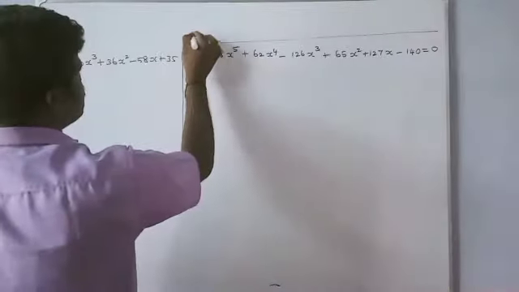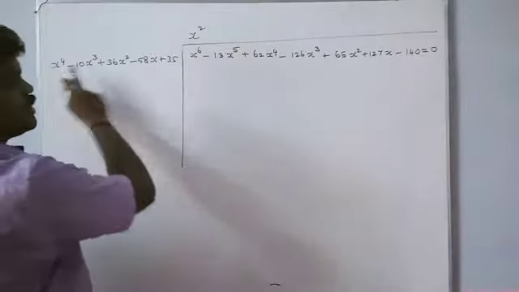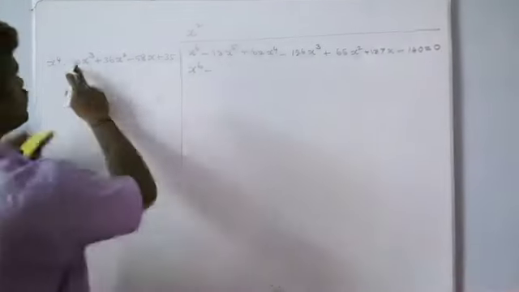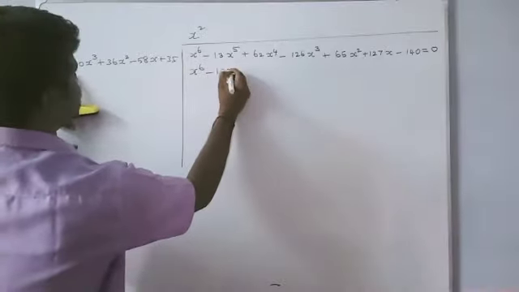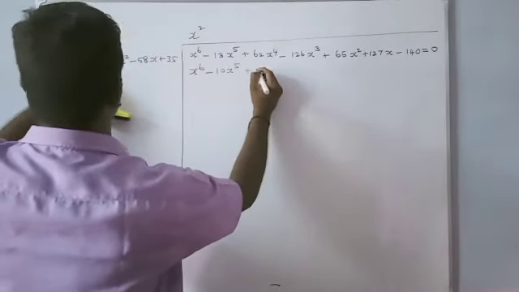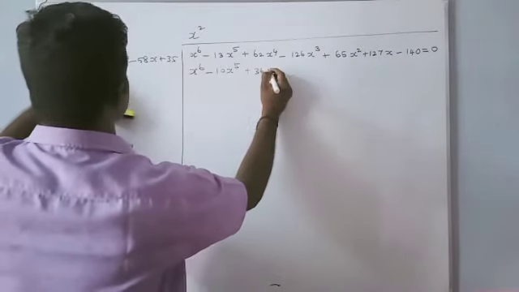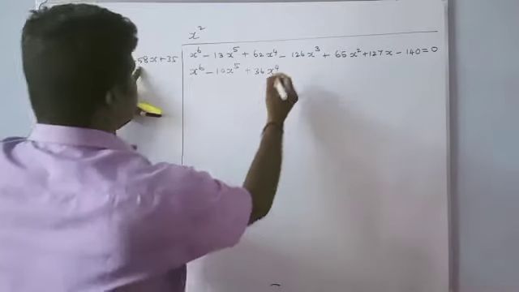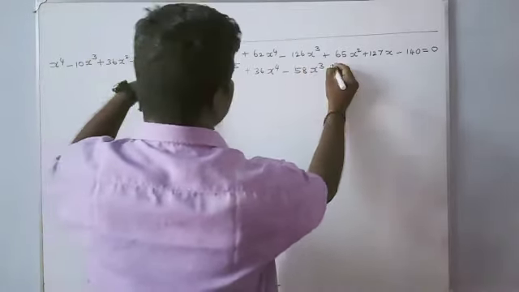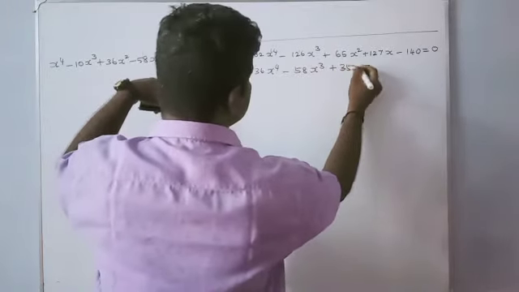First of all, x squared: multiply x power 6 minus 10 x power 5 plus 36 x power 4 minus 58 x cube plus 35 x squared.